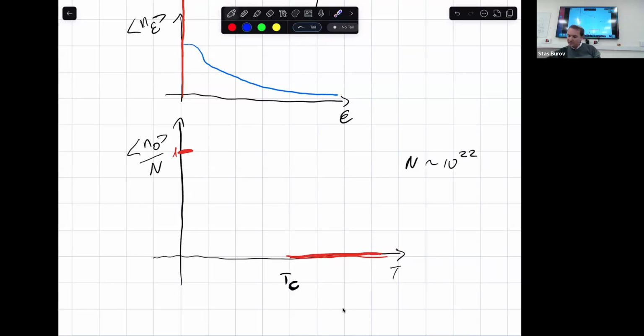At Tc, this guy will start to rise and will eventually reach the number 1. And what happens over here is what we call the Bose-Einstein condensate.